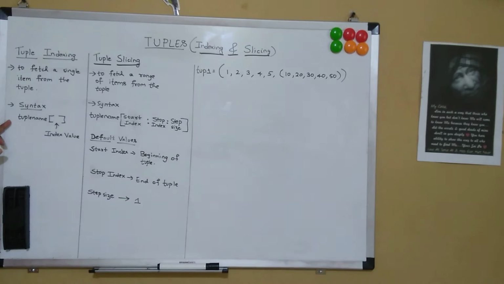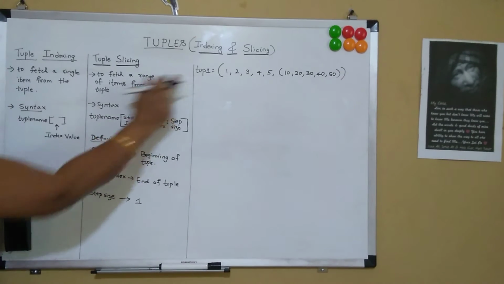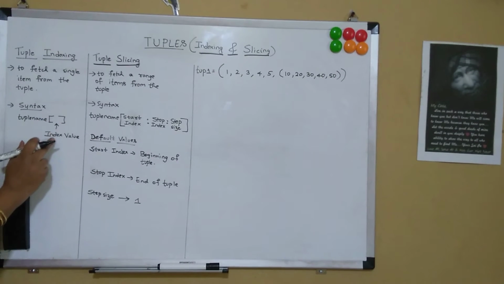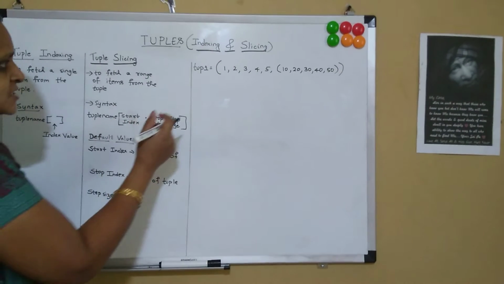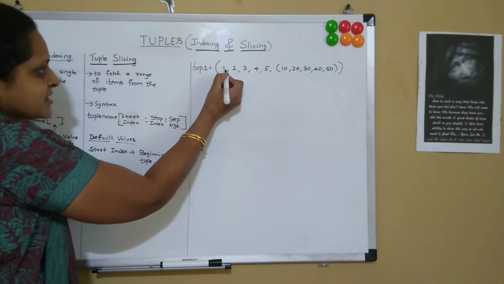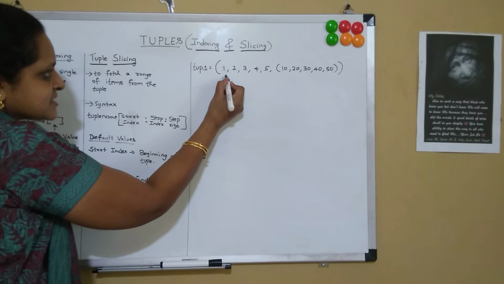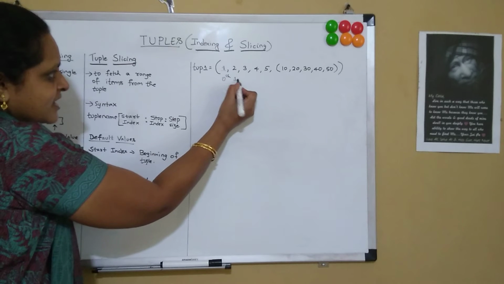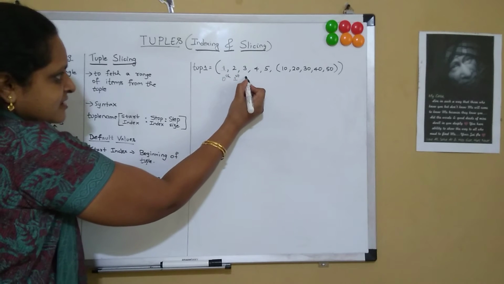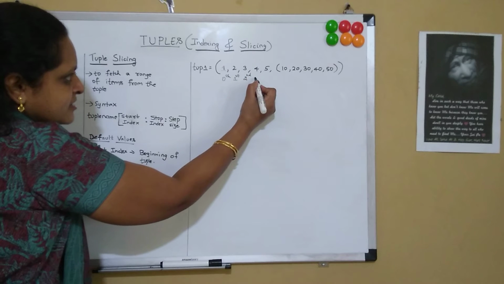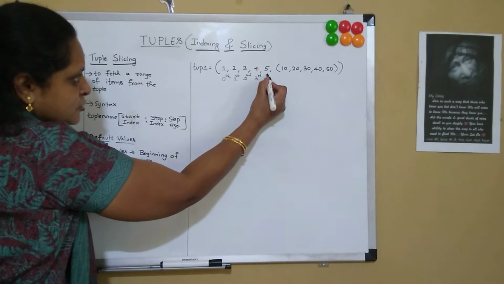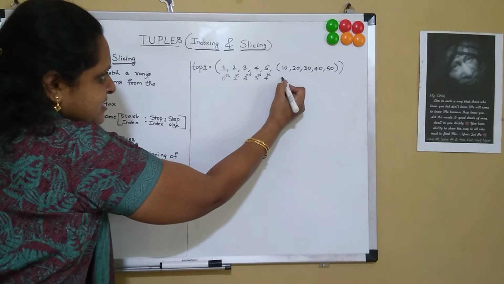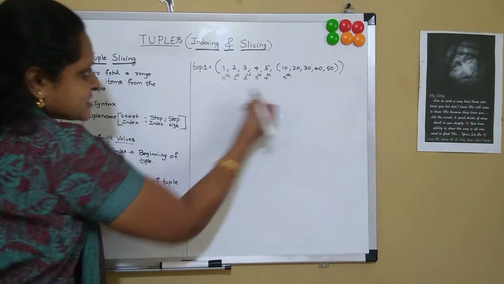So the syntax for this is the tuple name, and in square brackets we have to specify the index value. What do you mean by index value? The first element will be at the 0th index, the second at the first index, third element at the second, fourth element at the third index, fifth element at the fourth index, and the sixth element will be at the fifth index.